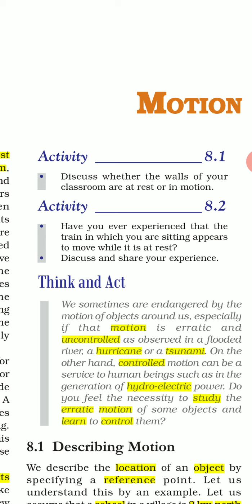So we have to study the erratic and dangerous motions and the speed of the objects, learn to control them, and bring them into use for the welfare of society. Okay? For today, we learned about motion.